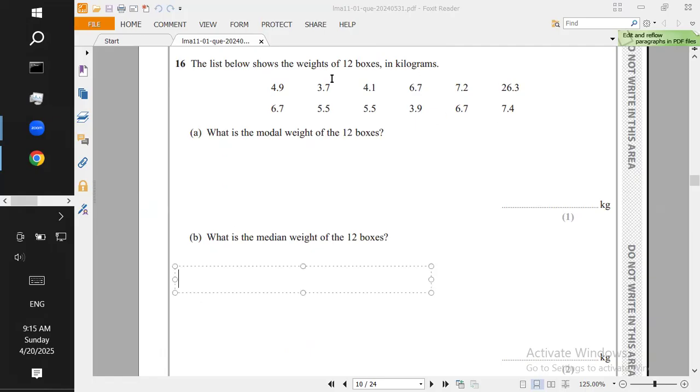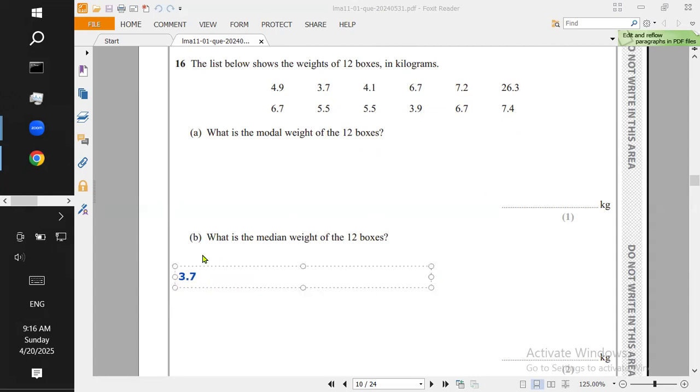So when we look at the numbers here, we'll find out that the smallest one is what? Very good. We have 3.7. This is the smallest number, so we put 3.7. Let's make them smaller so it fits the whole space. And then what do we have?